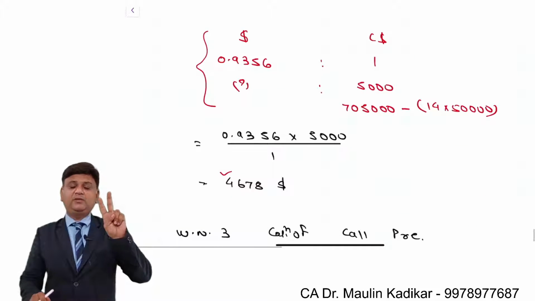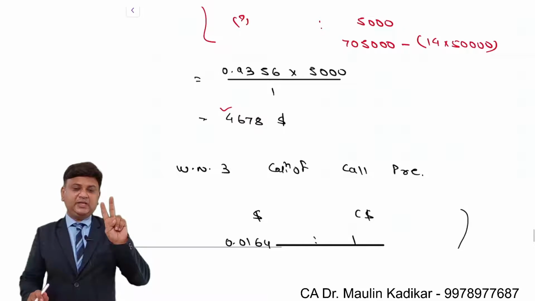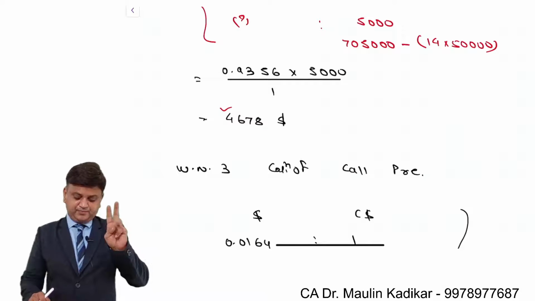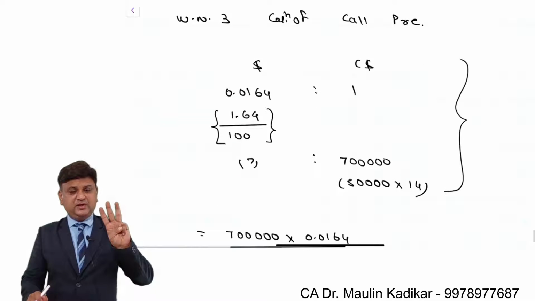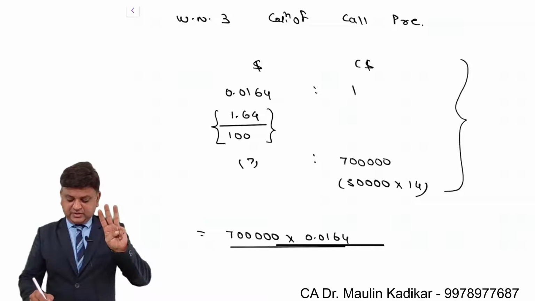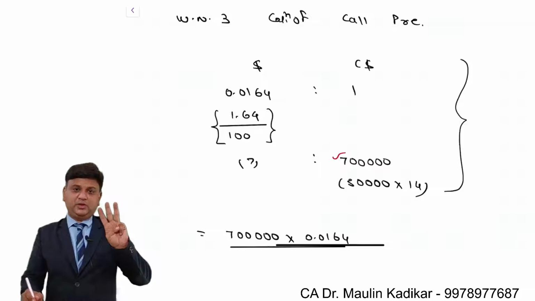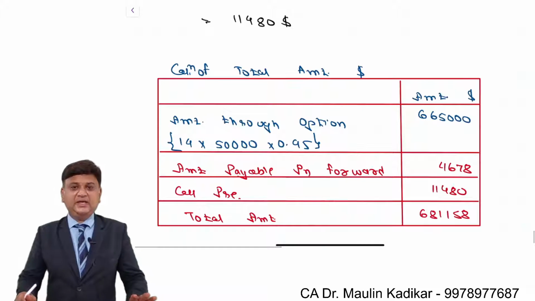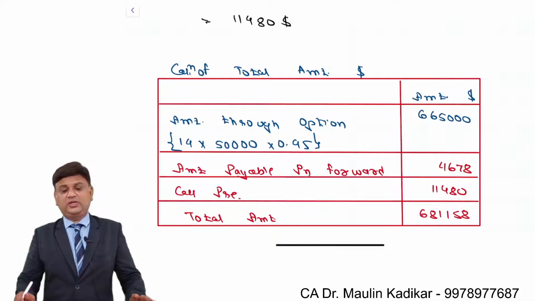Second, payment of the shortfall. For that, the forward exchange rate is the best estimate of the spot. Third is the very important working note, call premium. Whatever the option contract you enter upon, for that you have to pay the premium. Of course, it is required to be paid right now, but the interest rates are not given, so we are ignoring the time value of money.